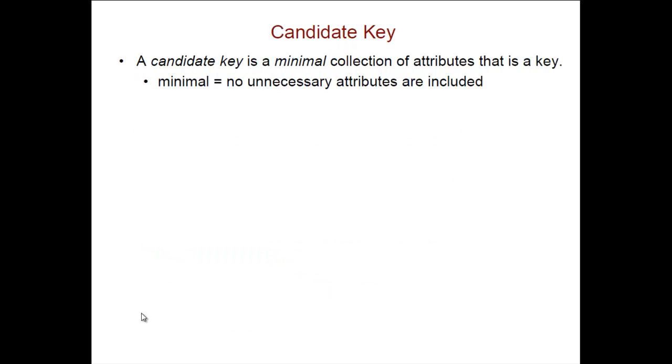Now there is a subset of keys that are known as candidate keys. And to be a candidate key, there can't be any unnecessary attributes included. And the technical term for this is it has to be a minimal collection of attributes that allows us to uniquely identify a given row.